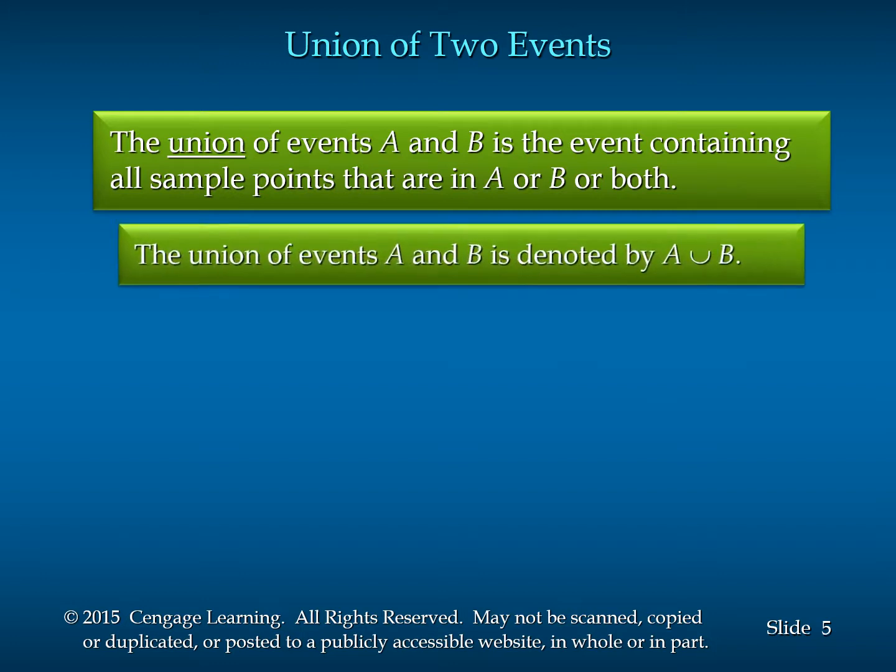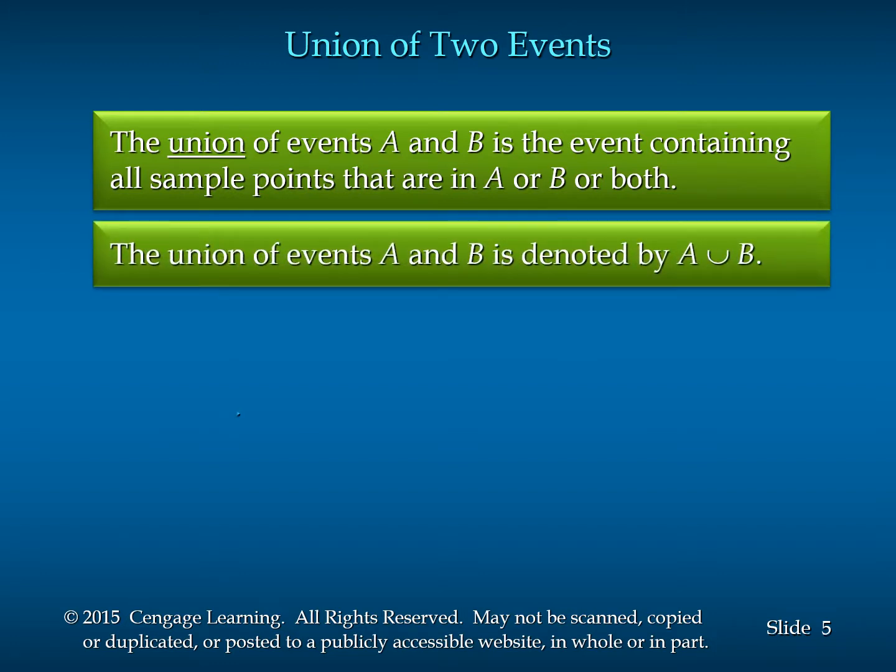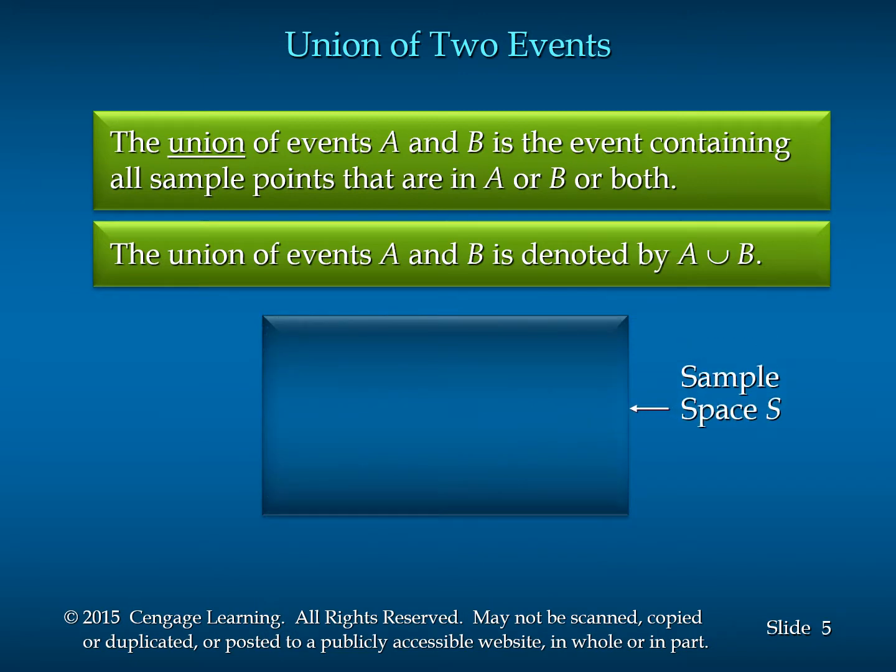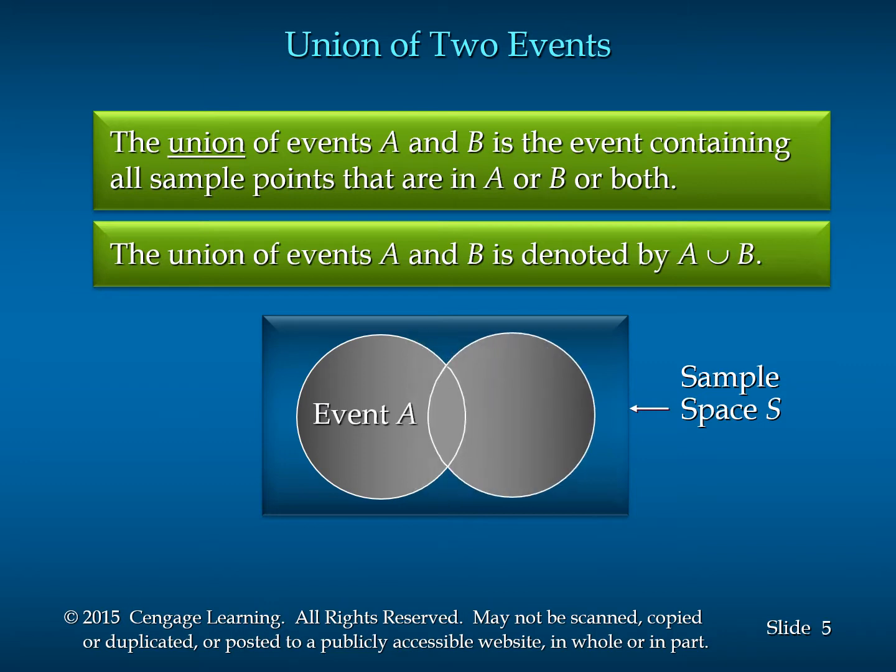The union of two events, event A and event B, would be all of the sample points that are in A or in B or in both. So the total of those two circles inside the sample space, which is the rectangle.